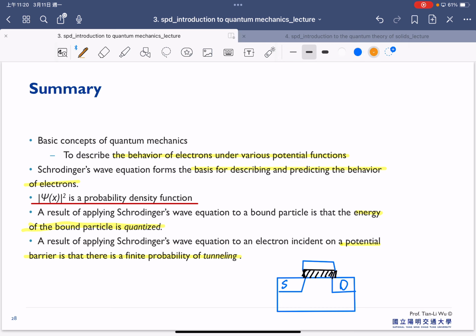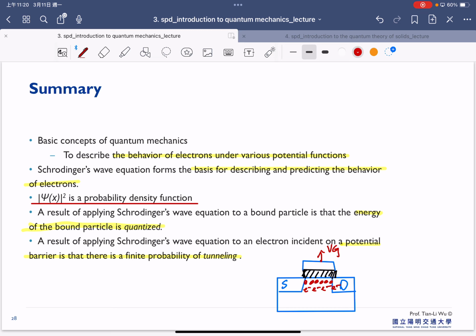Finally, we can understand that once we apply the positive gate bias here, we have electron formation in the channel, and because of the dielectric, it works as a potential barrier.